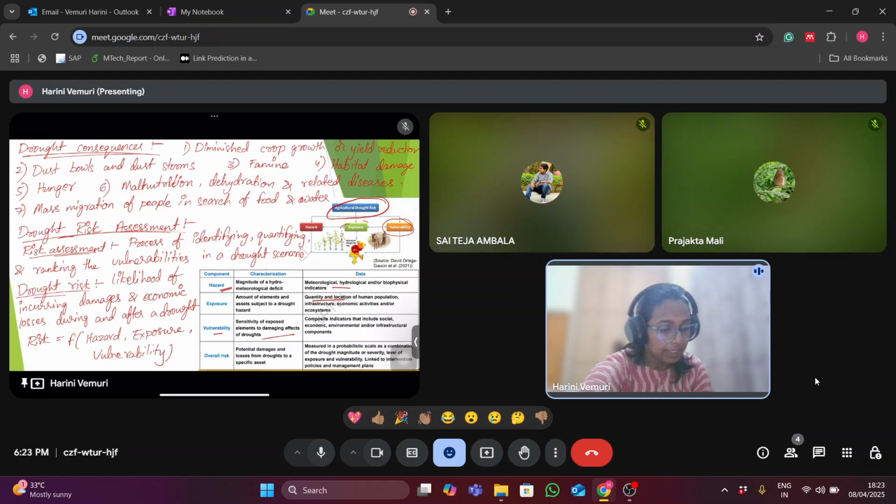So the data will be a composite indicator that includes social, economic, environmental, and or infrastructure components. Overall risk is characterized as potential damages and losses from droughts to a specific asset. It is measured on a probabilistic scale as a combination of drought magnitude or severity, level of exposure, and vulnerability.